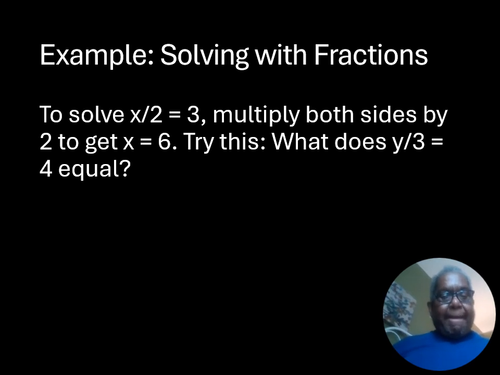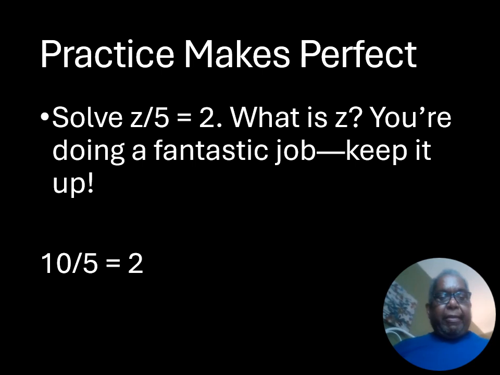So in this case, the answer would be 12. You want to practice. You get better at doing things when you practice them. So use ChatGPT to help you. In this case, we'll give you the answer: 10 divided by 5 equals 2. So you can see how that works.